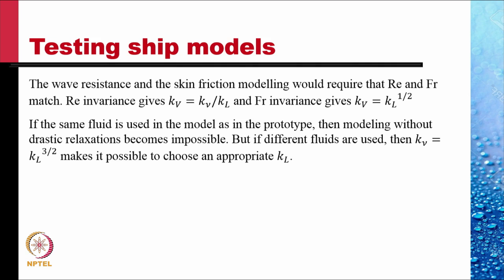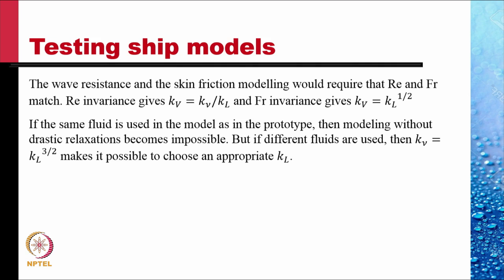If the same fluid is used in the model as in the prototype, then the modeling without drastic relaxation becomes impossible unless we use Kl equal to 1, which is hardly any modeling. But if different fluids are used, then K nu is like Kl raised to power 3/2, which makes it possible to choose an appropriate Kl.